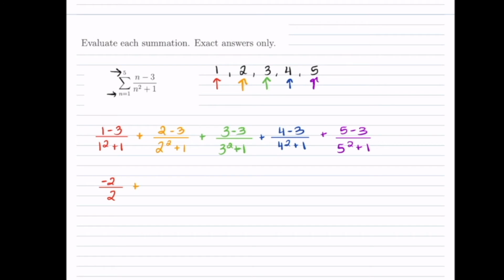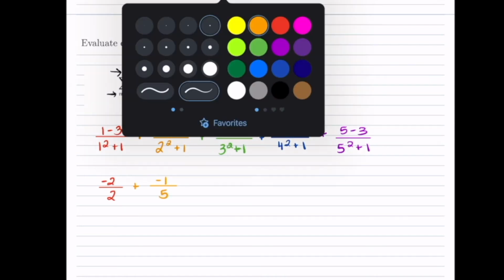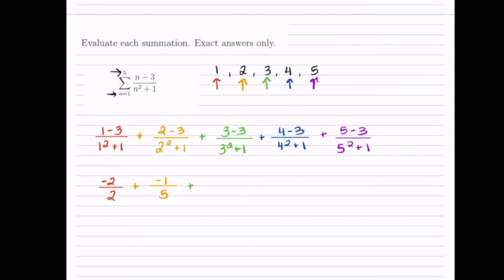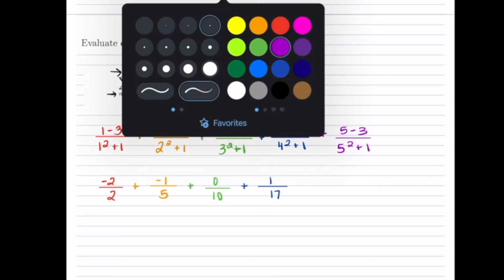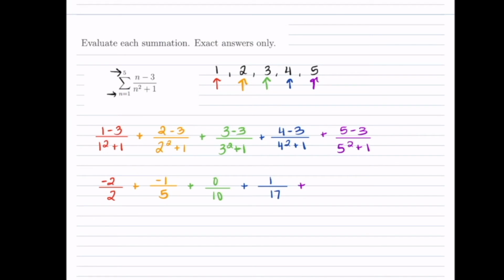Then we got 2 minus 3 is negative 1, and 2 squared is 4 plus 1 is 5. 3 minus 3 is 0 over 3 squared is 9 plus 1 is 10. 4 minus 3 is 1 over 4 squared is 16 plus 1 is 17. And 5 minus 3 is 2 over 5 squared is 25 plus 1 is 26.